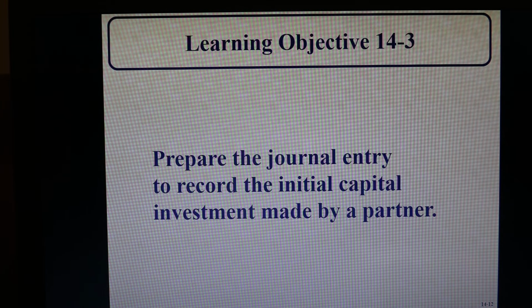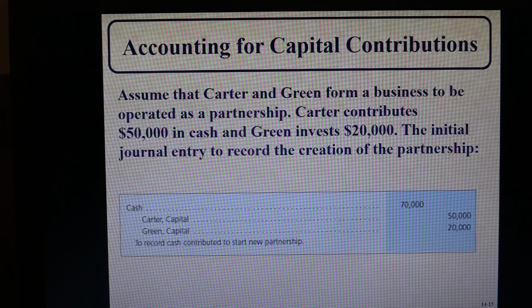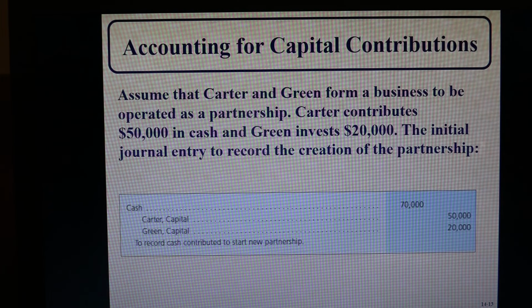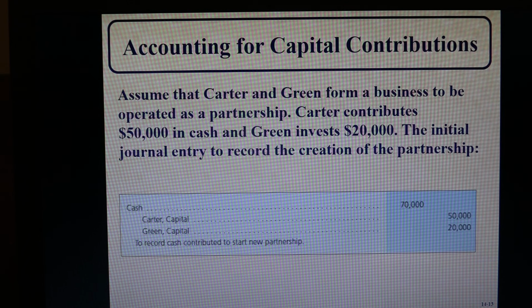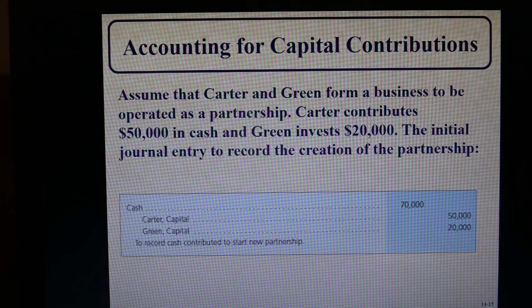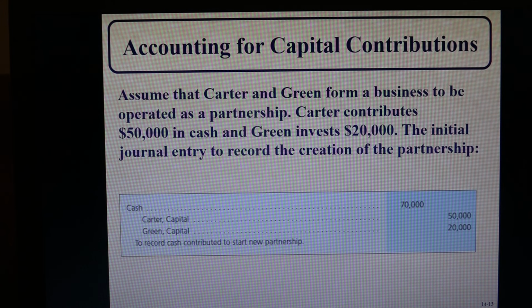All right, so how do we account for capital contributions? Here we have an example of two partners forming a business operated as a partnership. One contributes $50,000 in cash and the other $20,000 in cash. Pretty simple. Debit the cash.